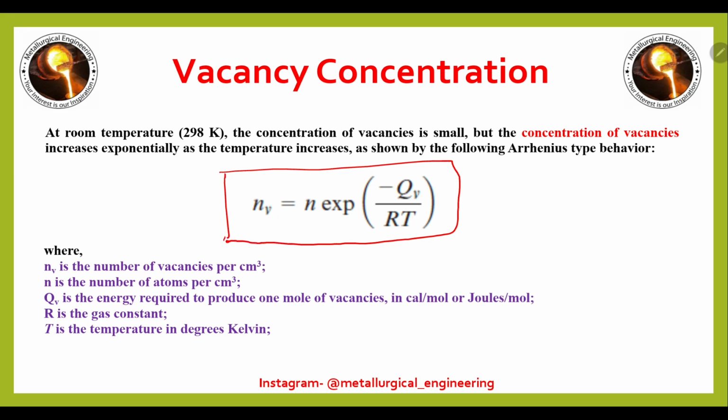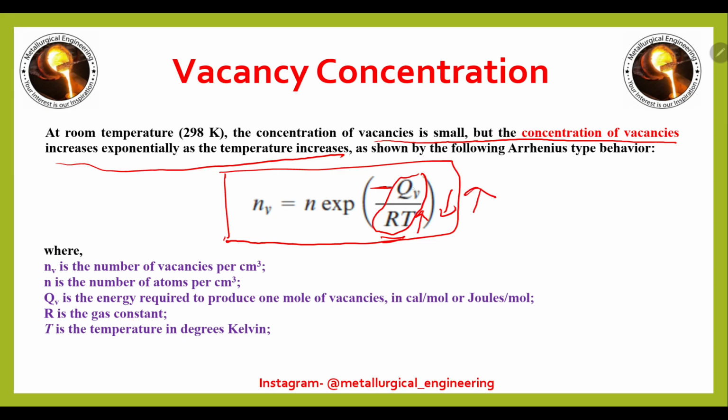in this exam. At room temperature, the concentration of vacancies is small, but it increases exponentially as the temperature increases. In this formula, NB is equal to N exponential minus QB by RT. When the temperature increases, the value QB by RT decreases, but with the minus sign the complete value increases.